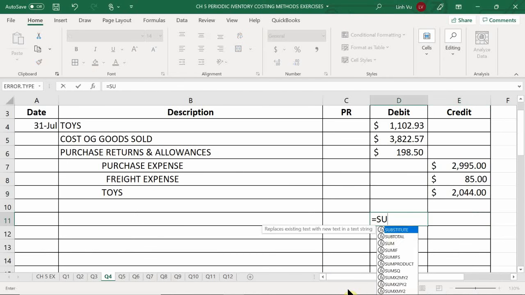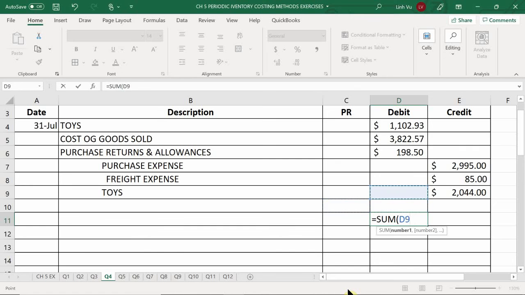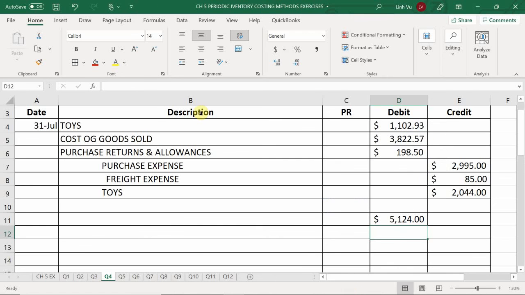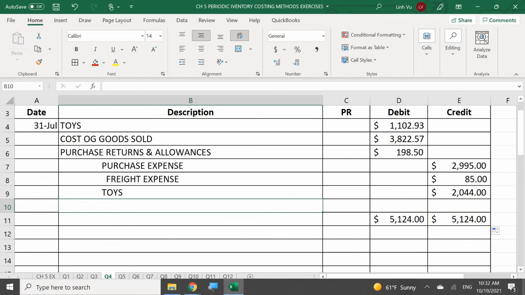And of course, first rule of thumb before completing your journal is to confirm that you have your debits match your credit. So in this case, I have $5,124 on the left and I have $5,124 on the right. So ding, ding, ding, I did this correctly, right? And last comment I'm going to say here is to convert toys into inventory. Okay, and done.